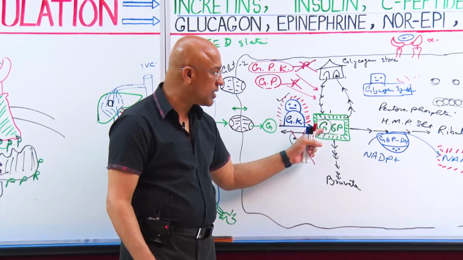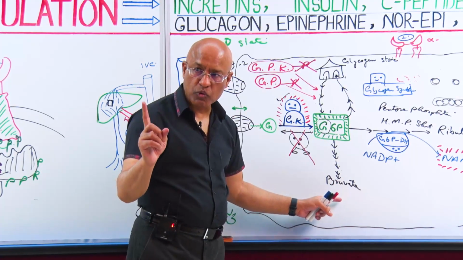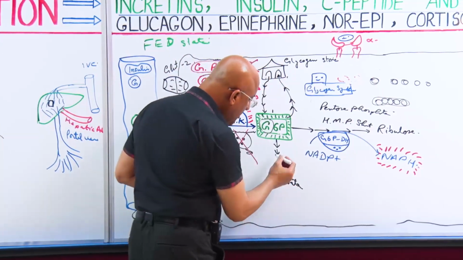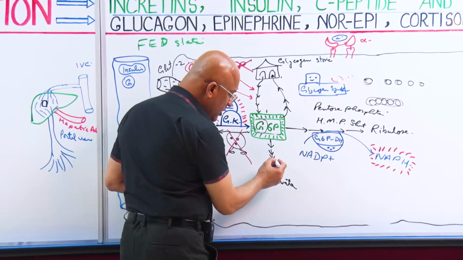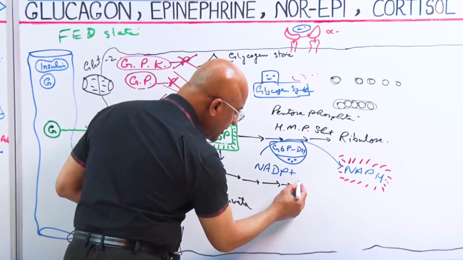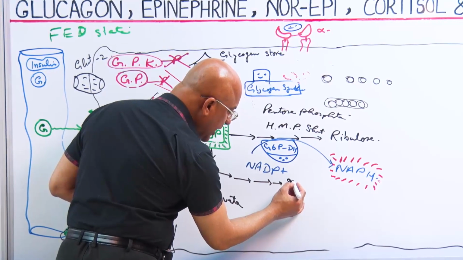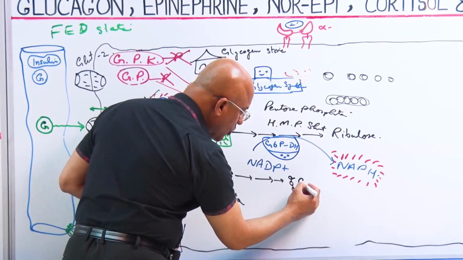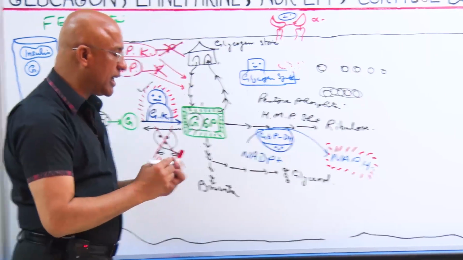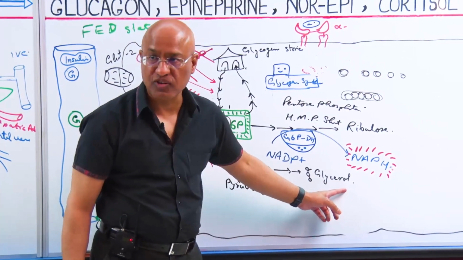Now, here I want to show one thing, that some of these molecules which are going down, on the way will convert into a 3 carbon unit, and this carbon unit is called glycerol. Later on I will tell you that this glycerol will also be used for fatty acid synthesis.